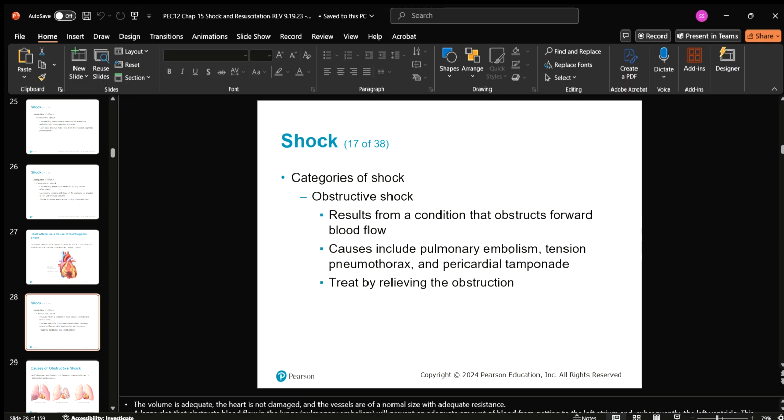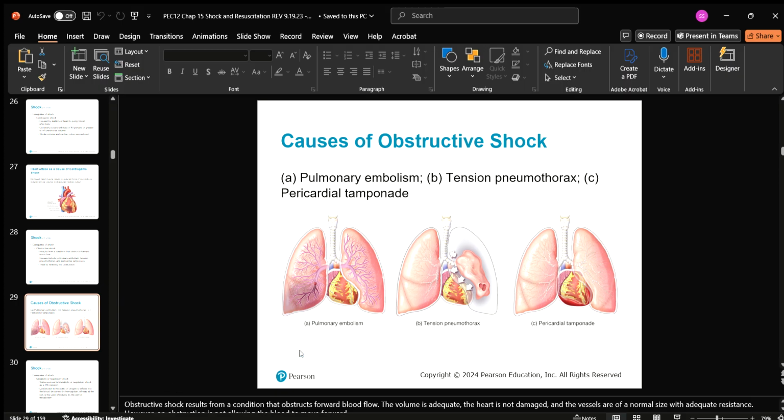Pulmonary. What is the pulmonary system? When we talk about pulmonary, that is our lungs. So pulmonary embolism is, I don't know if you can see on the photo right there, a blood clot stuck in our lungs.